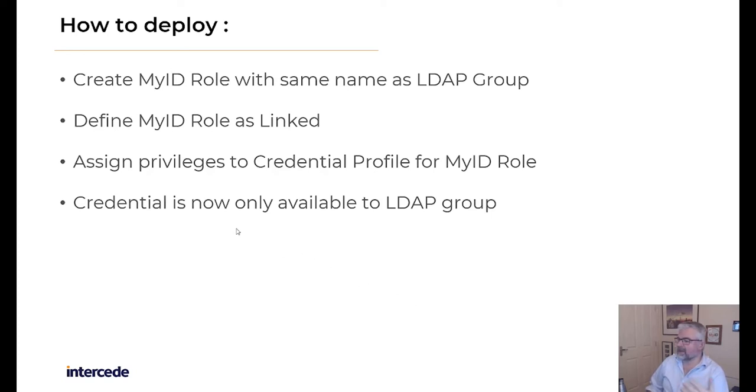We can then assign those privileges and the security around, for example, a credential profile. So we can limit that credential profile to only the particular users we want to be able to have that credential issued to them. And that credential will then only be able to be issued to people within the right LDAP group. Now, I hope that makes sense. It'll make a lot more sense when I actually run through it.